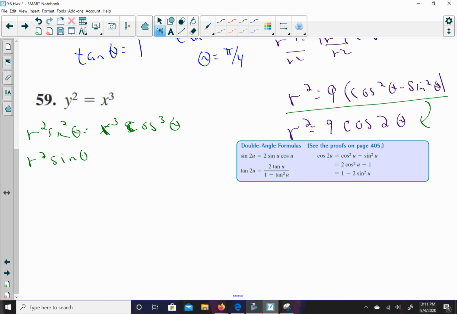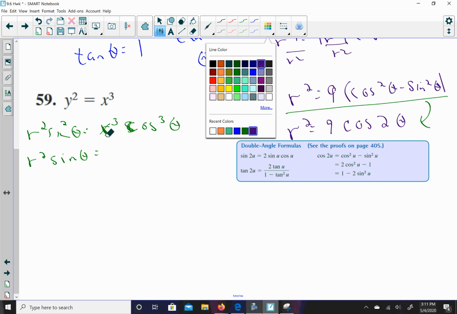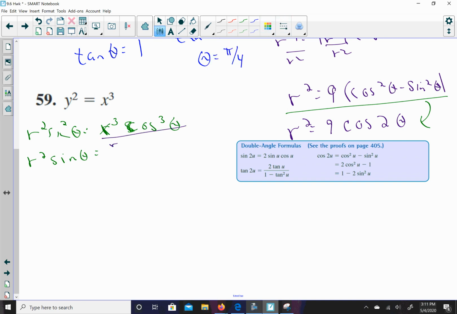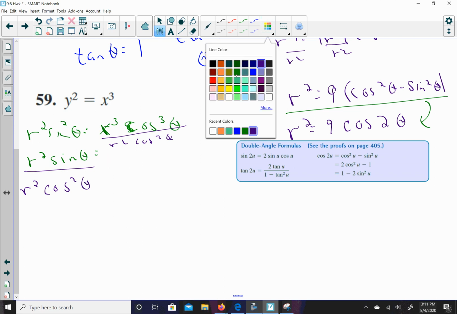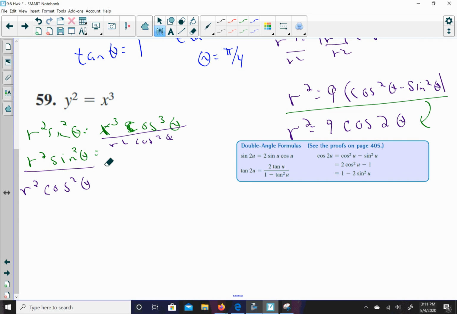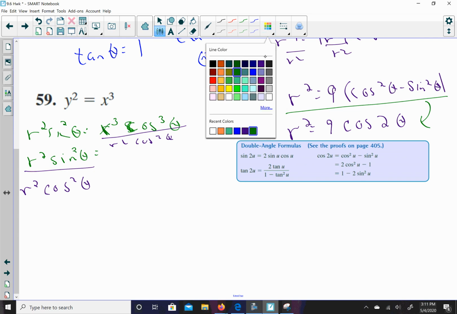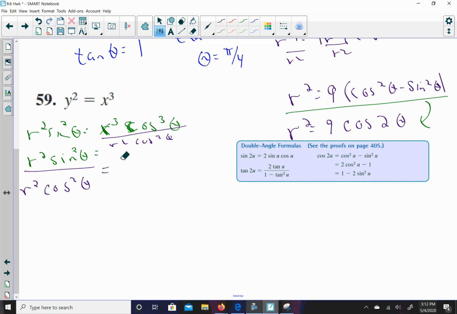And then let's say I divide both sides. Let me show you what I'm going to do. I'm going to divide both sides by r squared cosine squared. So I'll have r squared here, cosine squared, and that sine should be squared, is equal to, and then here when I divide r cubed by r squared, that'll just be r.